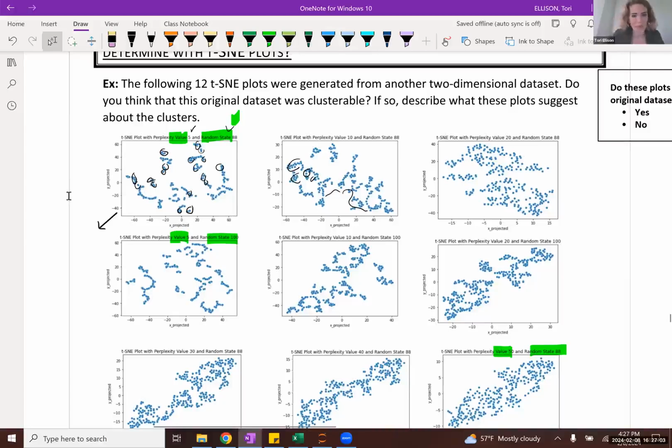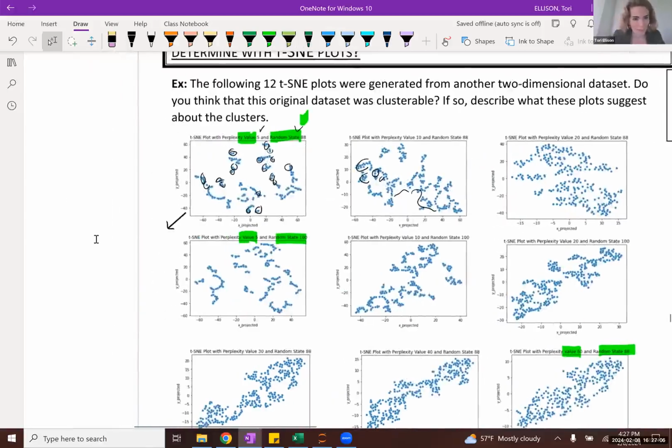Now, keep in mind that when dealing with larger, I'll just say convex clusters in particular, this is often what you will see when looking at a low perplexity value like 5.